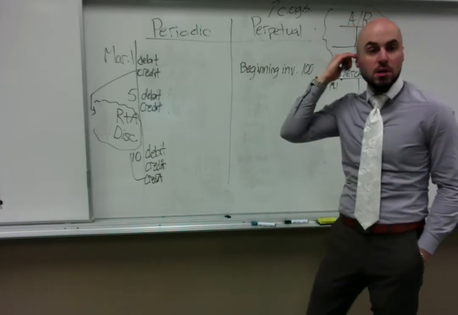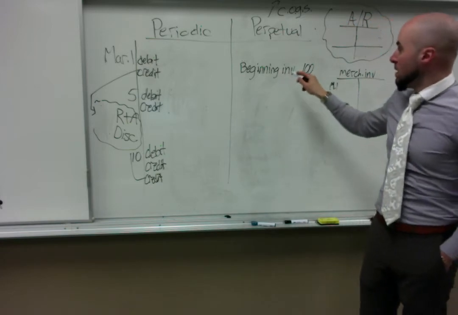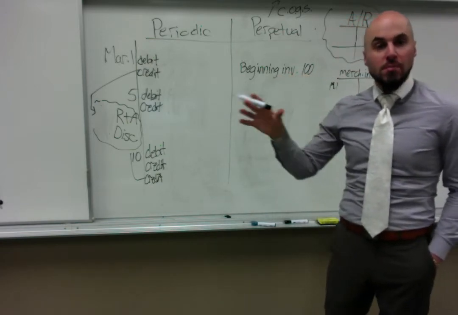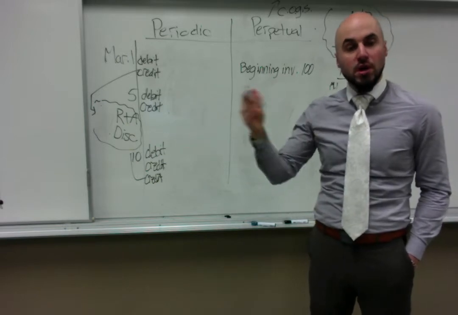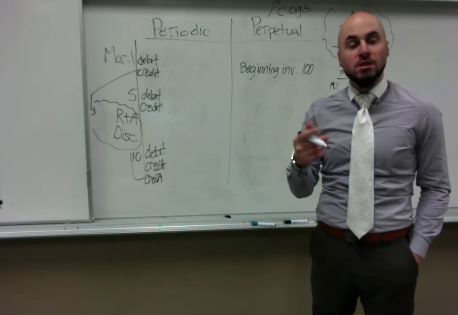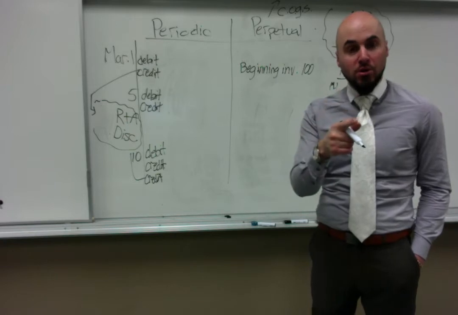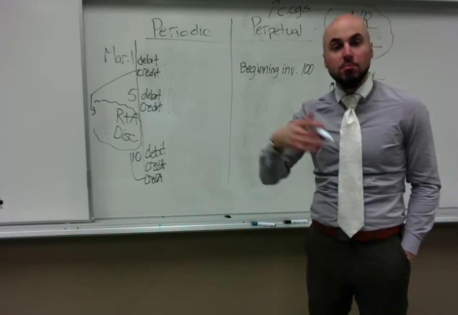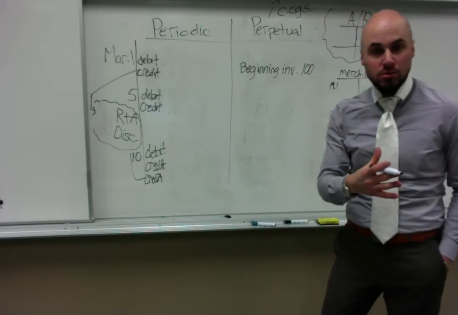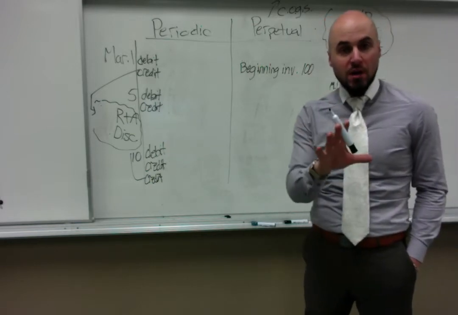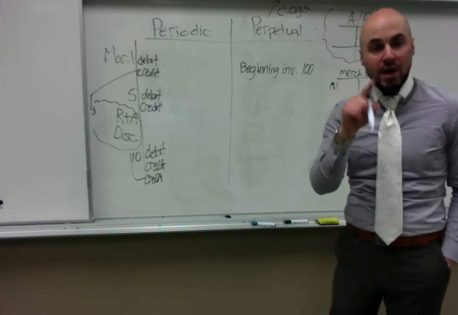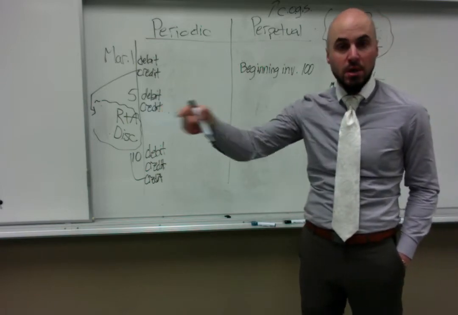Just making these numbers up. So that means you ended 1 year with $100 left in your inventory, which means just like with capital, you're beginning the next year with that same amount. Inventory is a permanent asset if we relate it back to Chapter 5 or Chapter 4 concepts. It's a permanent asset because its value gets carried into the next period.